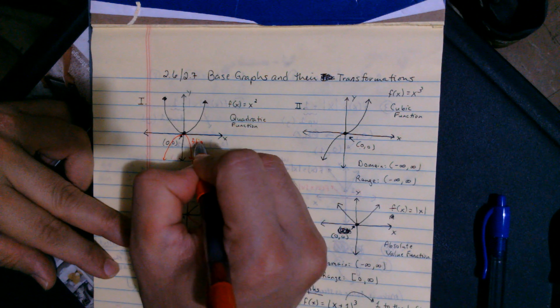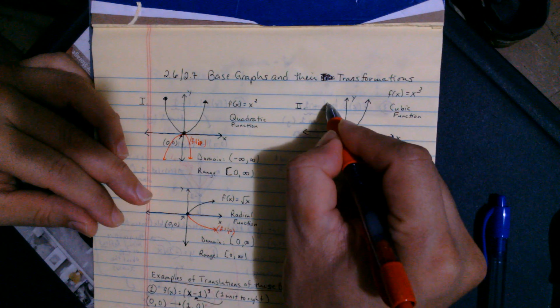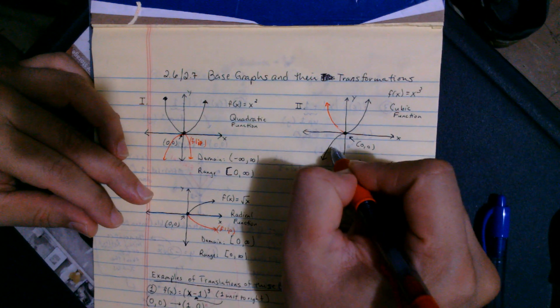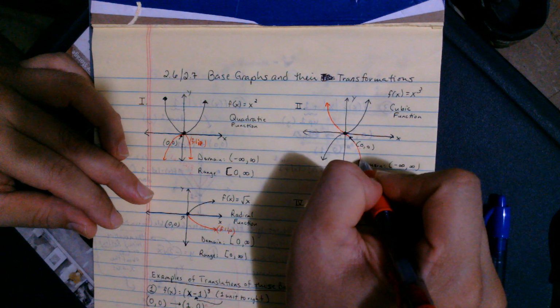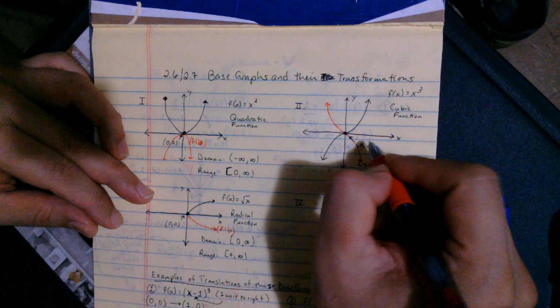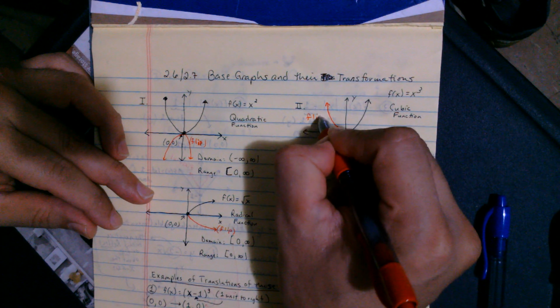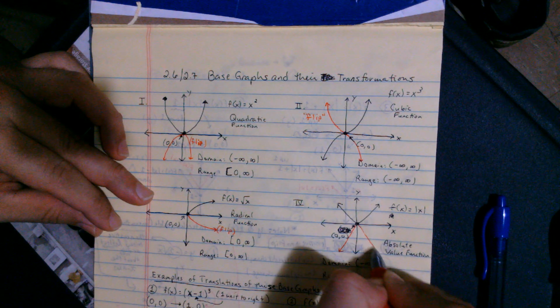Again, flip is just a way of saying reflects about the x-axis. The flip, the left is going to go from the bottom to the top, the right's going to go from the top down. So that's your flip. The V is going to be an upside down V.